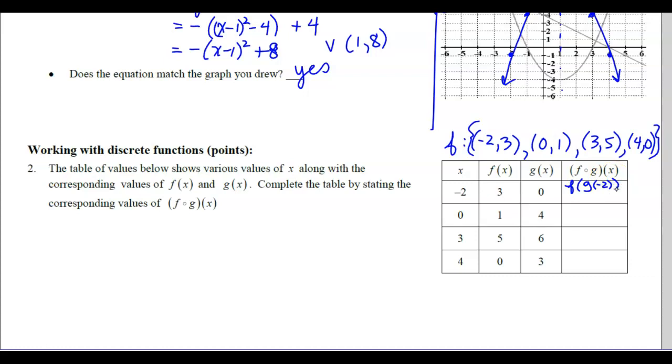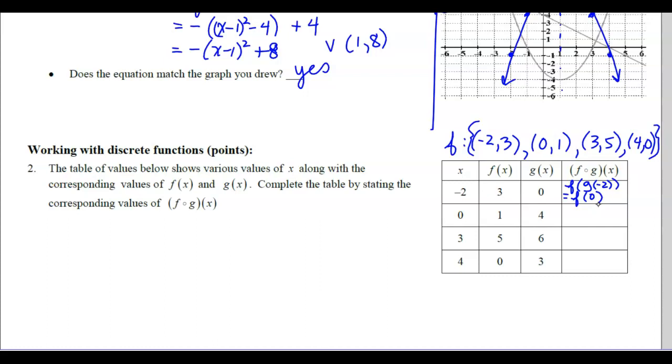Okay, well, what's g of -2? You will have to look at your g column when x is -2, right? So when x is -2, g is 0. So this is going to be f of 0. And then we have to find what f of 0 is.